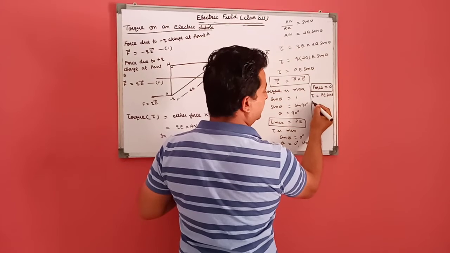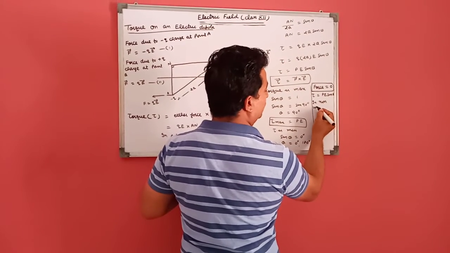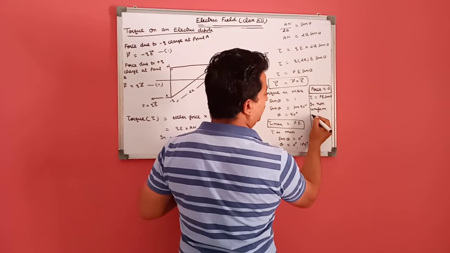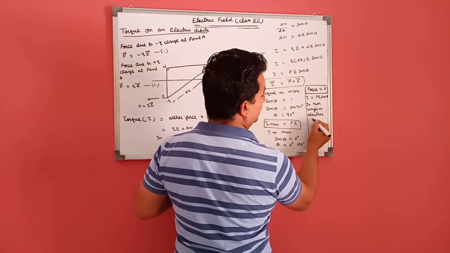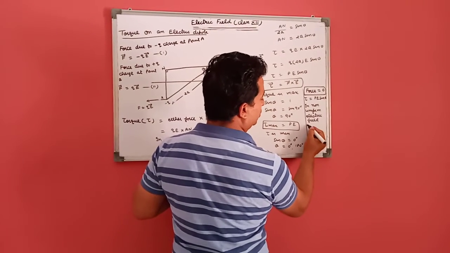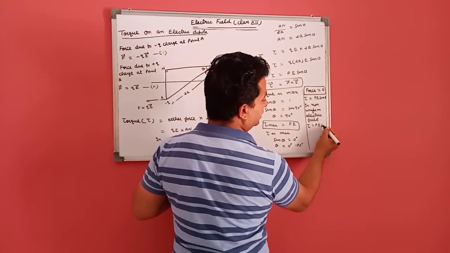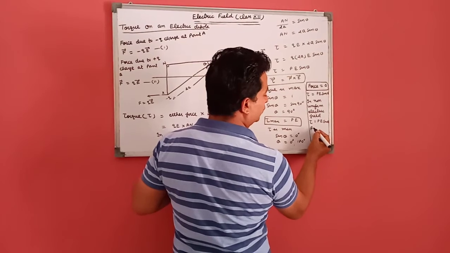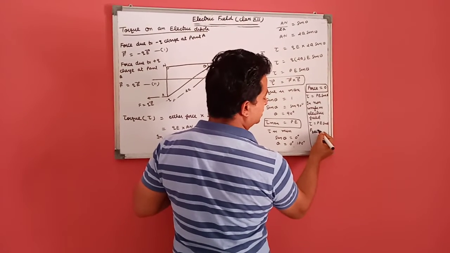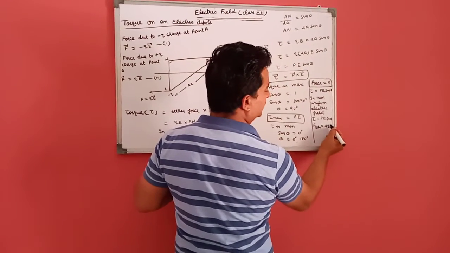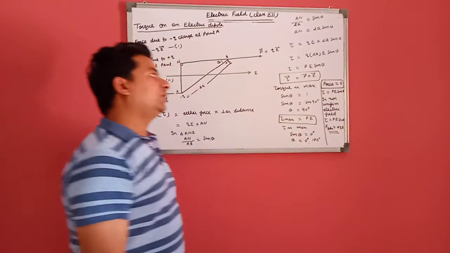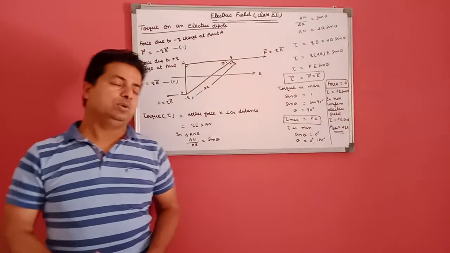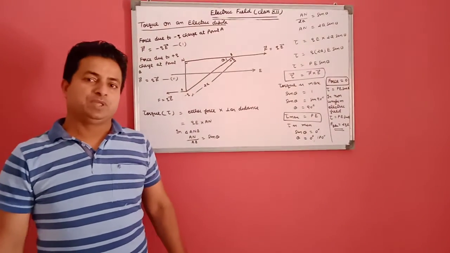But in a non-uniform electric field, the torque is the same, pE sin theta, but the total force is not zero. This is the expression for torque on a dipole placed in an electric field.